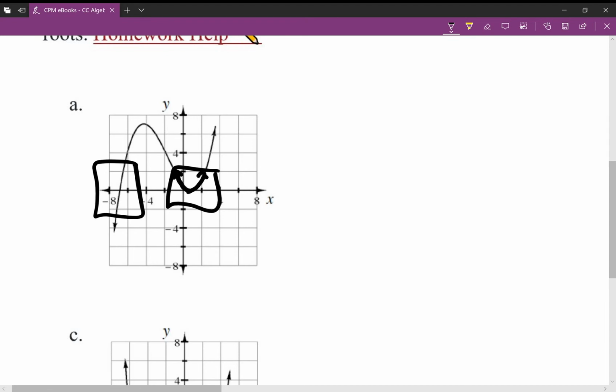So we can say for this one, x plus 7.5 or whatever that is, that's just a linear factor. But over here, x minus whatever that is, a half, that is a squared factor, because it behaves like a parabola.